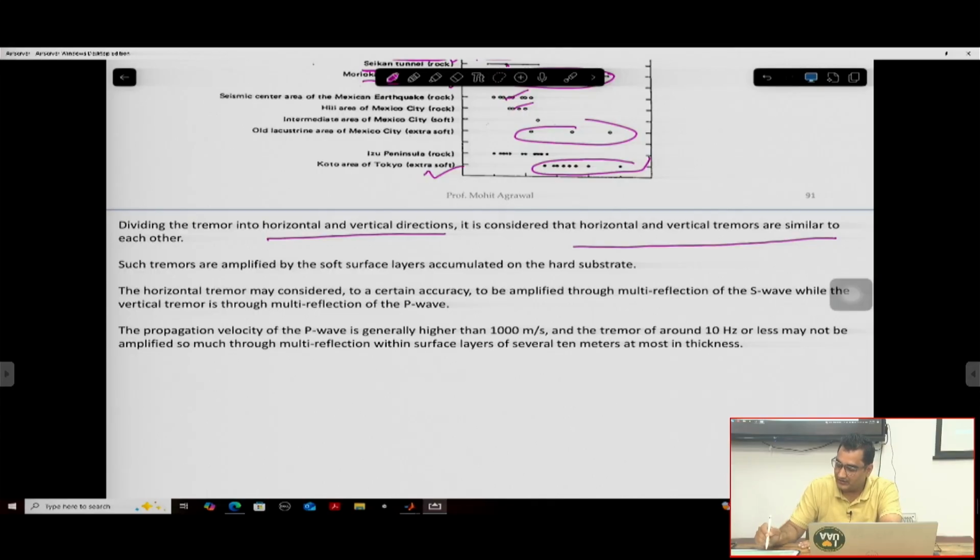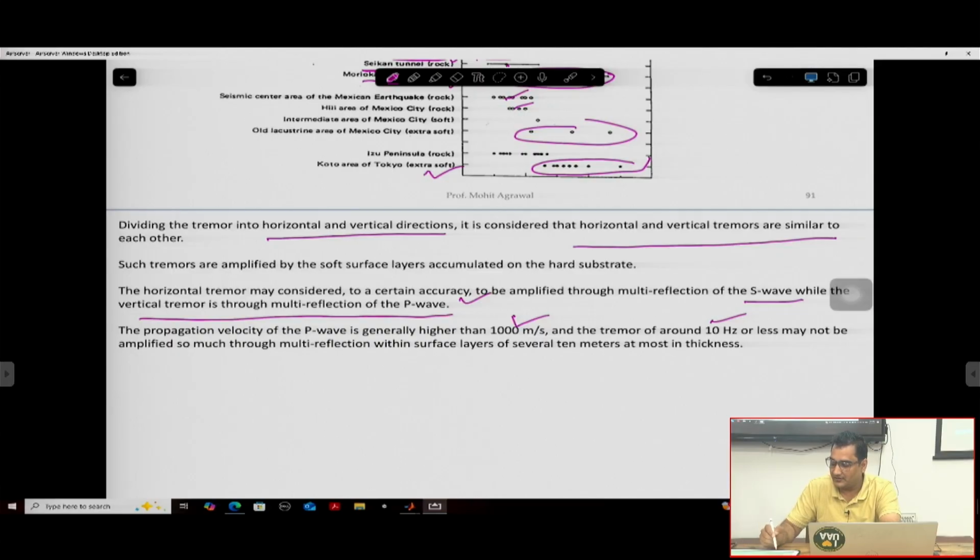So the horizontal tremor may be considered, to a certain accuracy, to be amplified due to the multiple reflections of the surface wave or the S wave, while the vertical tremor is through the multi-reflection of the P wave. If you consider the P wave velocity to be 1000 meter per second and the tremor is around 10 hertz or less, you can say that the P wave reflections, or the body wave contribution in the multiple reflection or the amplification, is very, very small.